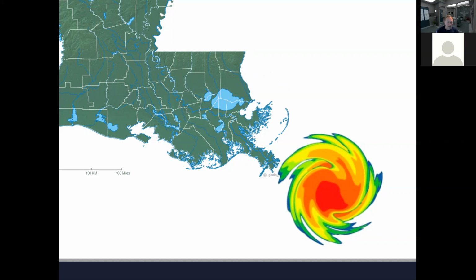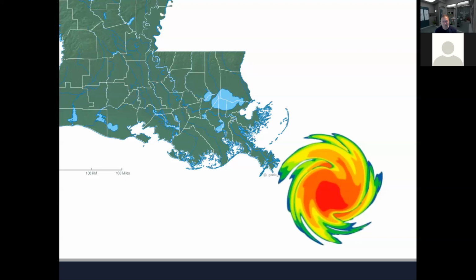So again, if we think about this hurricane here moving in a clockwise fashion, it's going to be pushing water in this direction. Well, it's over toward Mississippi, and that's a problem in this area, and it's certainly a problem in this area. But as this passes over, understand now the pressure is going to be pushing back down.